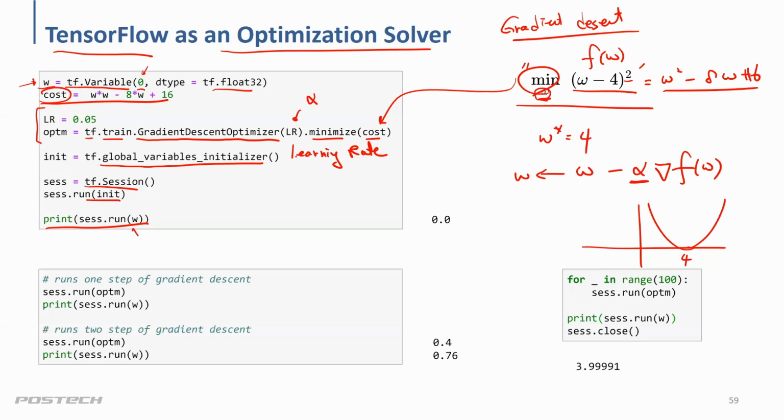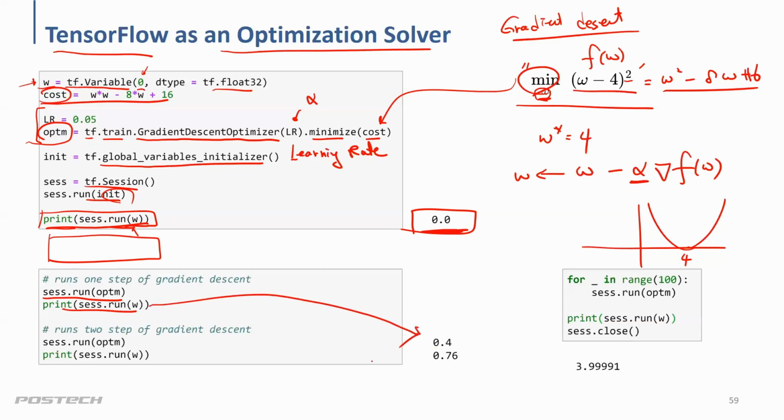If I print this after initializing, what kind of value do you get? It's 0, because I didn't execute this optm yet. So if I print out omegas, you get the initial value. Now I run optm and print it out. So the first value is here.